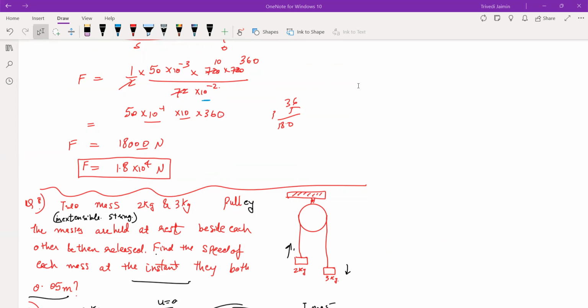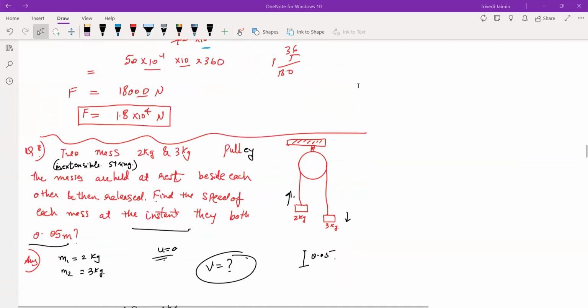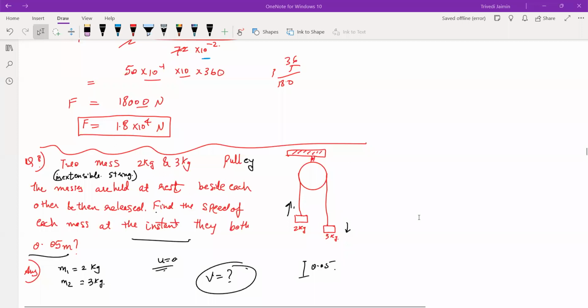So two masses are there, and there's a pulley.